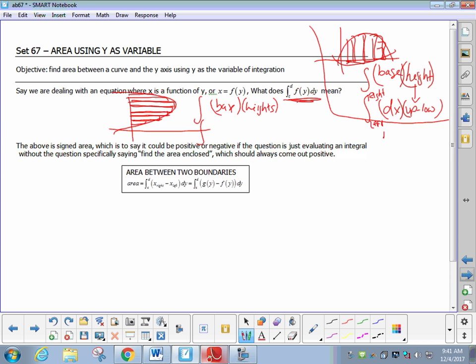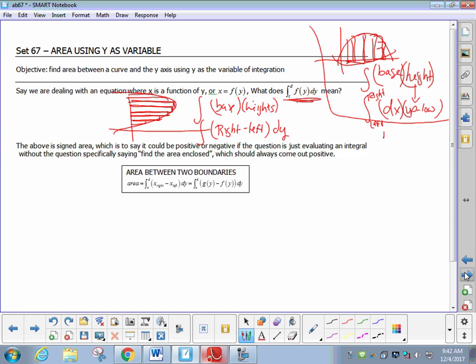So if vertically you make it positive by going upper minus lower, and horizontally you make it positive by going right minus left. Now that again might be a curve minus the axis, or an axis minus the curve, or a curve minus another curve. So it'll look different in a lot of different cases. The heights are very small changes vertically. Now if I'm changing vertically, then it's not a delta of x, it's a delta of y, and infinitesimally small it becomes dy.